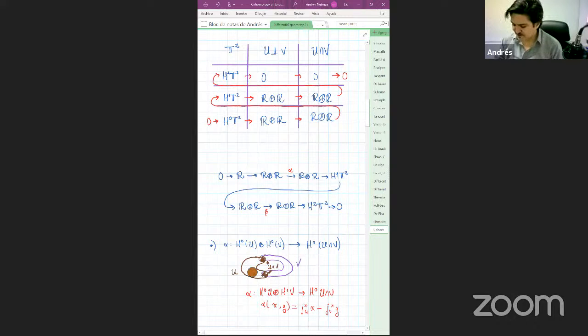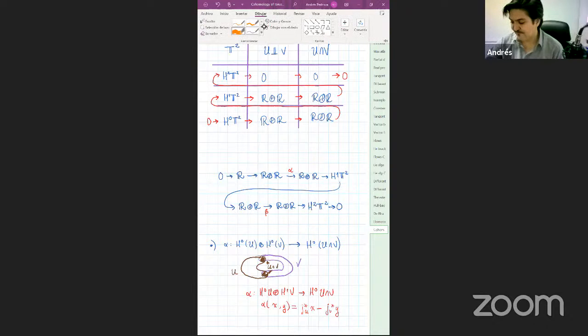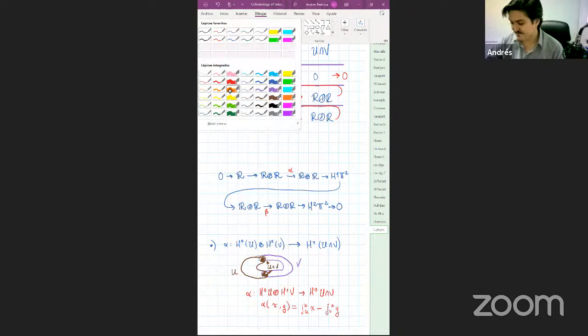Instead of all of U, I will restrict that function to the intersection. This function is on V. I restrict to the intersection and then subtract. Okay? So that is the definition of alpha in any degree.